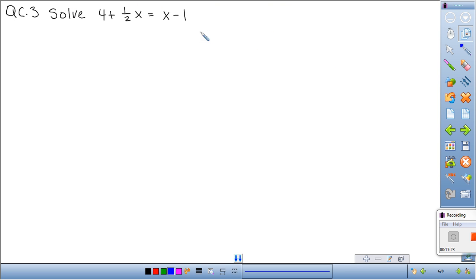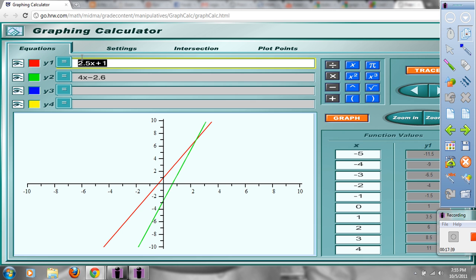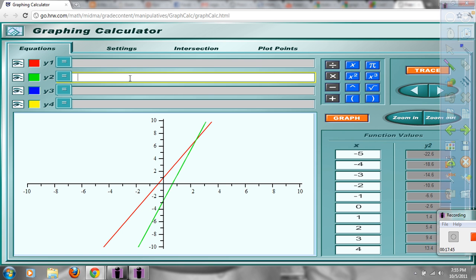Okay, so here's one more that you use the graphing calculator for. And again, you just take this left side and it's one equation and the right side is another equation. So I'll show you that one more time using that graphing calculator on here. So we need to go back to our equations and clear these and type in our new equations.